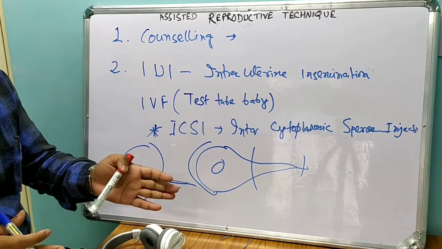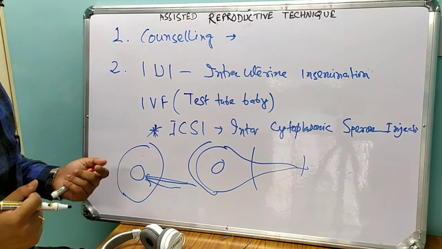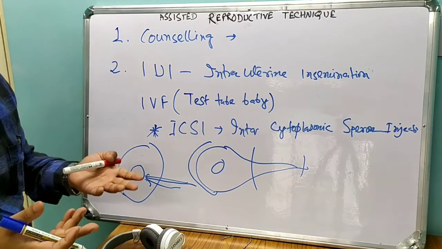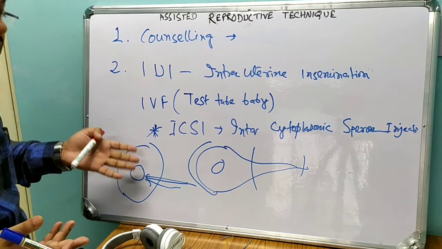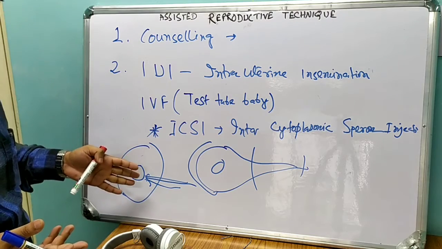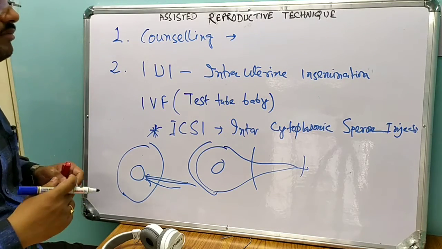Or we can use a surrogate mother if the female has, say, had a prior malignancy and the uterus was removed. We can use the ovum of the biological mother and implant the fertilized ovum in the surrogate mother, so the baby can mature.